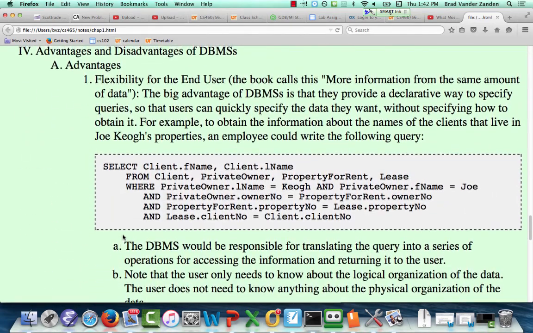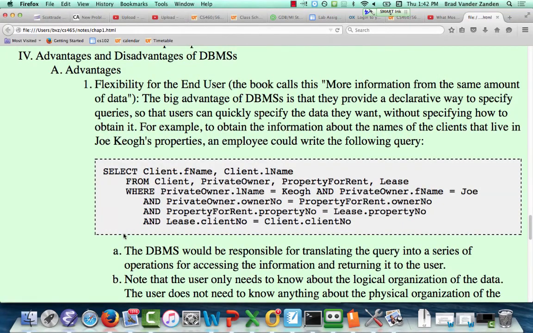So they have a fair amount of advantages. The big one is flexibility for the end user. Okay, and the operative word here is they provide a declarative way to specify queries. So instead of having to write a big detailed program to generate a report, all a user has to do is provide a description of the information that they want.